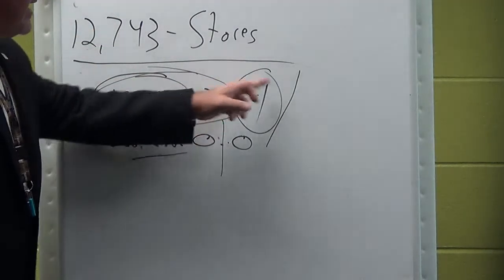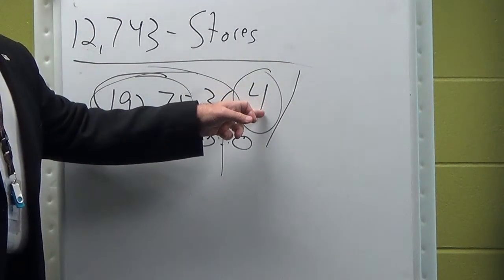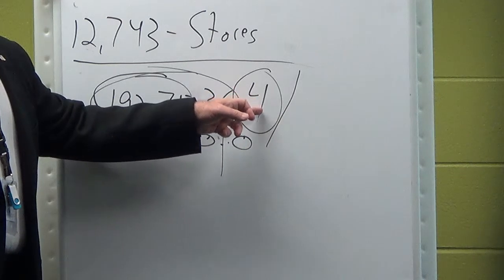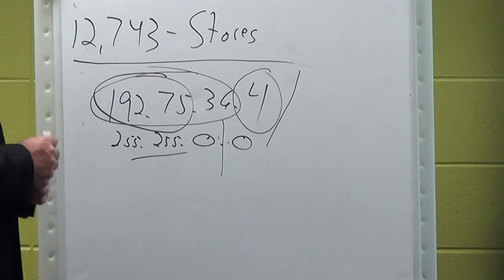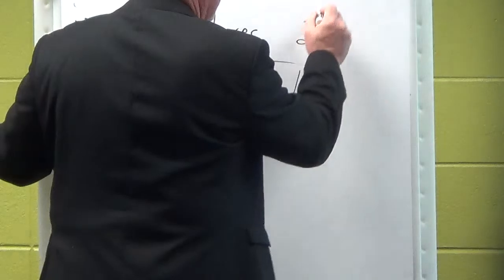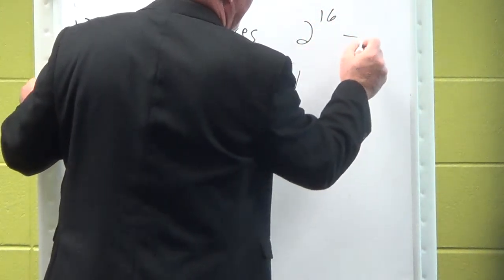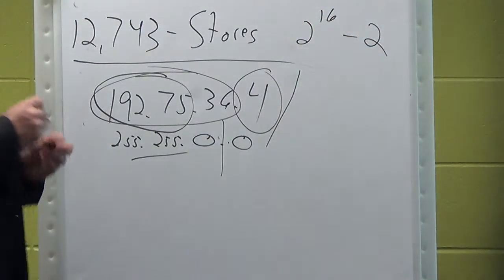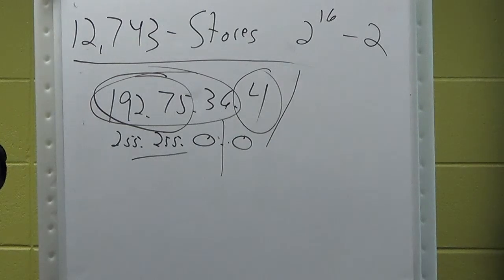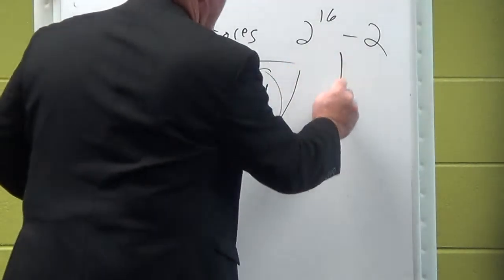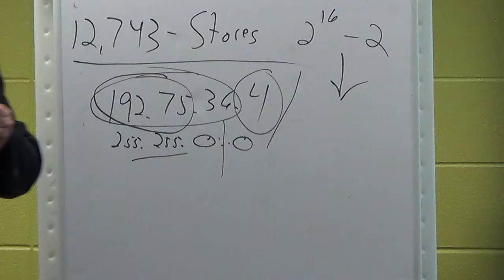I have 8 and 8 for 16 bits available in the host addresses, so 2 to the 16th power. And since I can't use all ones and I can't use all zeros, I subtract 2, and that gives me the total number of possible host addresses.